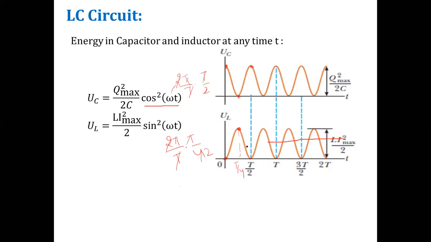So whenever the energy stored in the capacitor is maximum, energy in the inductor is going to be minimum, and vice versa. If I plot this curve also on the same graph, it would look something like this. The energy of the inductor. If you take the sum of these two graphs, it is always going to remain constant, which is the total energy stored in the circuit.